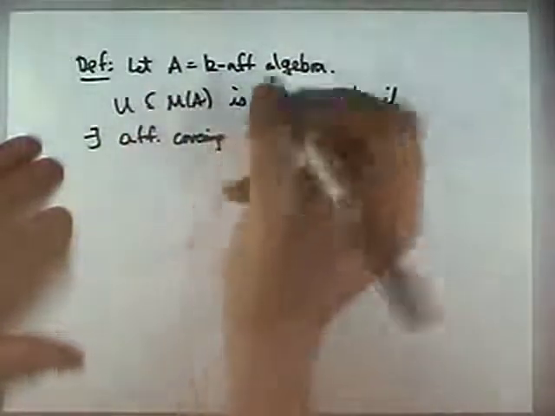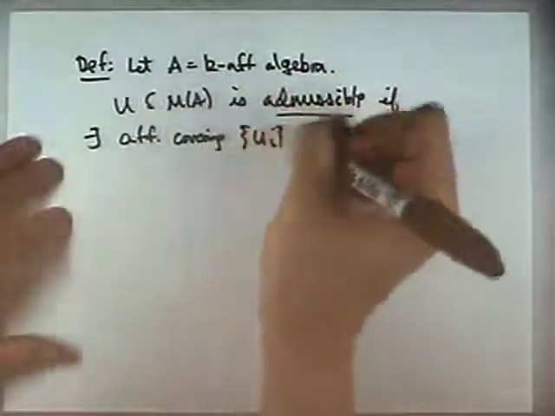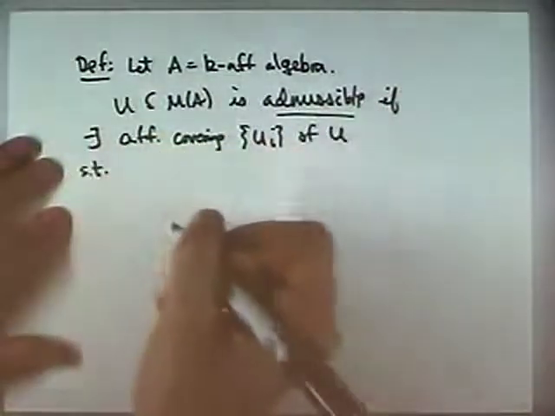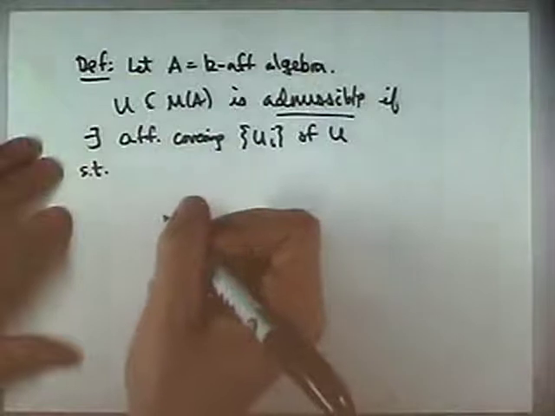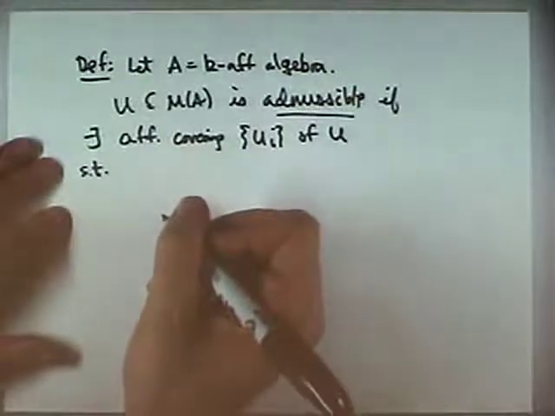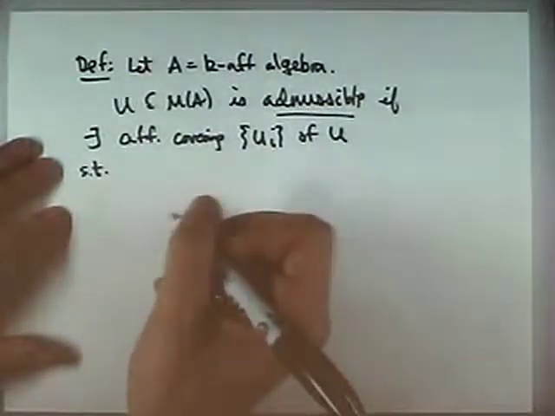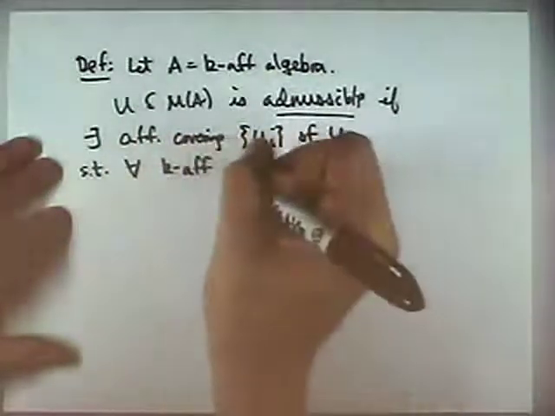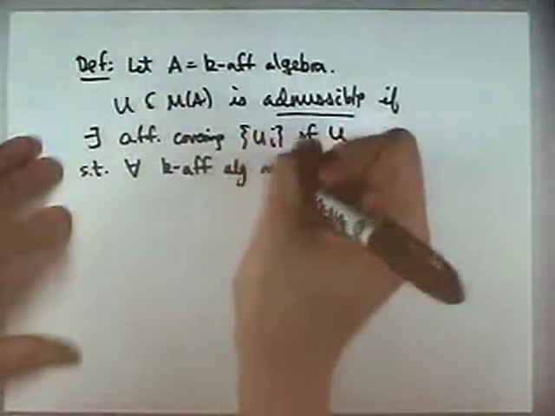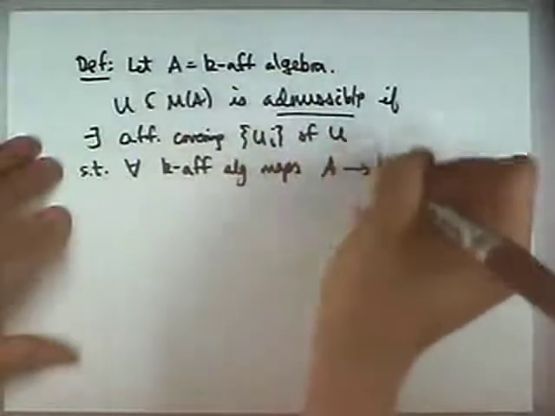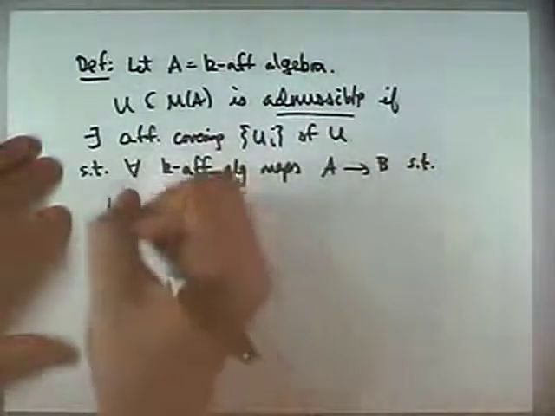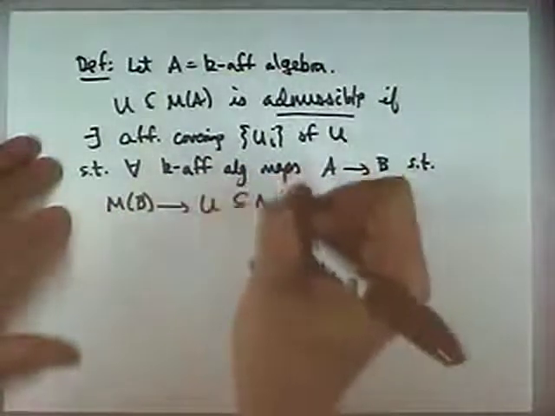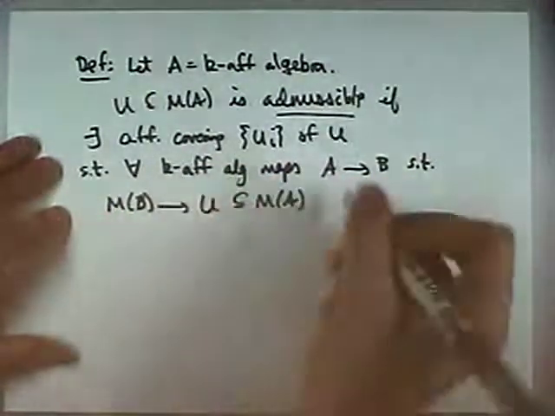by affinoid subdomains U_i of U, so these are affinoid subdomains, such that now you have this weird mapping property. It involves all possible maps from all K-affinoid algebras to A. So it sounds very unworkable. From A to anything: all K-affinoid algebra maps A to B such that M(B) lands inside U, okay?